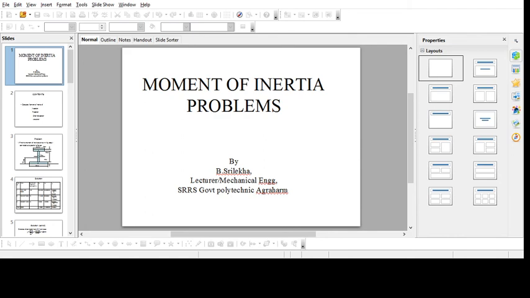Now this will give you a value of 8,40,627.74 mm to the power of 4. Okay, so now you have got Iy1 and Iy2. So this is how we calculated the values.